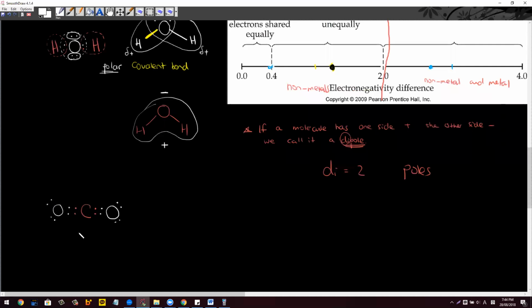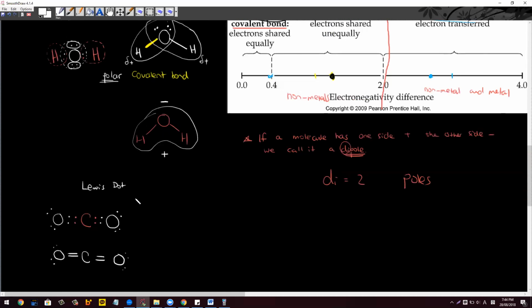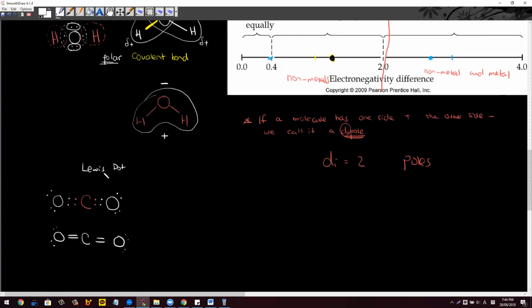So the way this one bonds was, we drew this one last time. There's a double bond, O, so it's like that. So this was the Lewis structure. We call this the Lewis dot structure. So whenever you are representing electrons as dots, we are doing a Lewis dot structure.